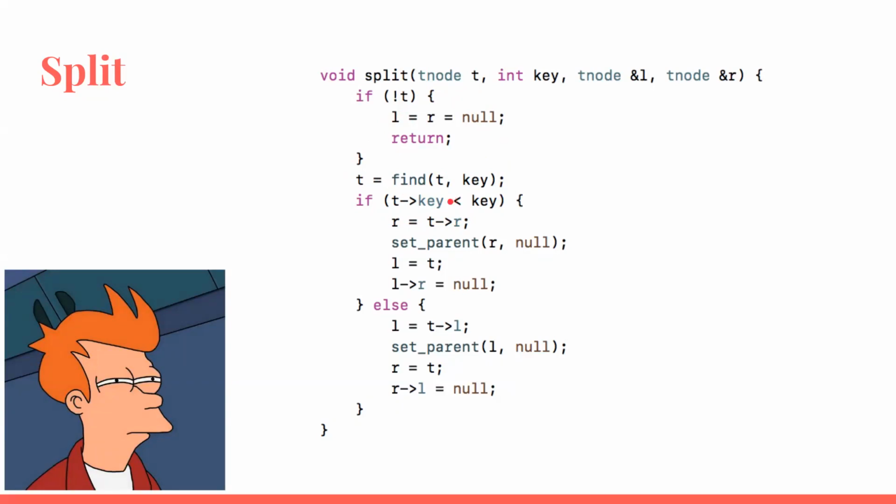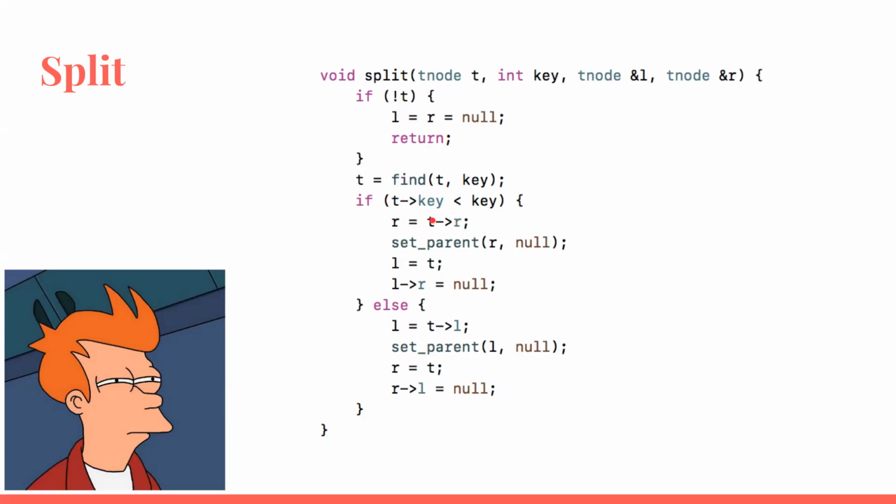If it does not exist, we will find either left or right value of key. So it means we will find either the closest to the left or the closest to the right. If this equation is true, it means that we found the closest to key to the left, so the biggest number that is smaller than key.